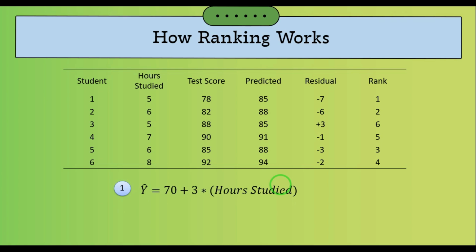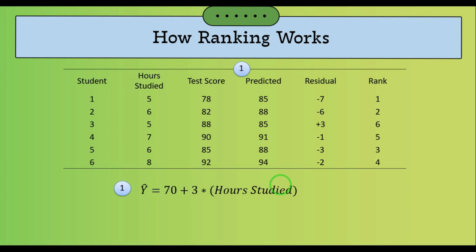So in step 1, we adjust the dependent variable for the covariate. To do that, we regress test score on hours studied. So suppose the regression line is something like this: y hat equals 70 plus 3 multiplied by the hours each student studied. This gives us the predicted test score for each student.